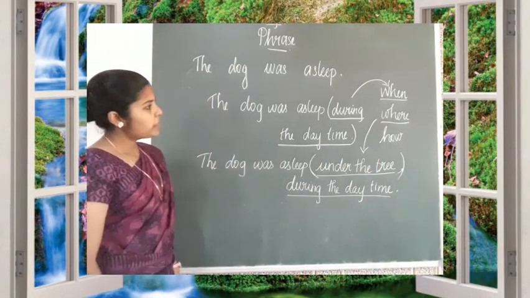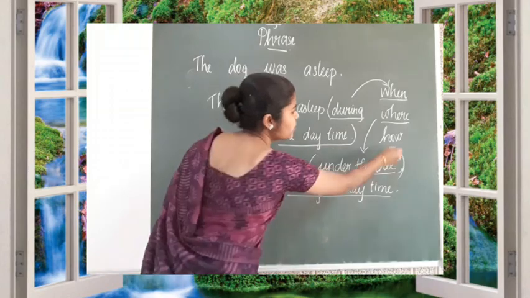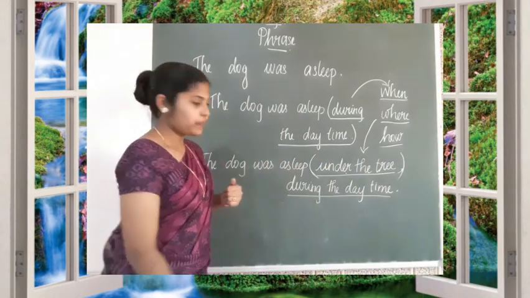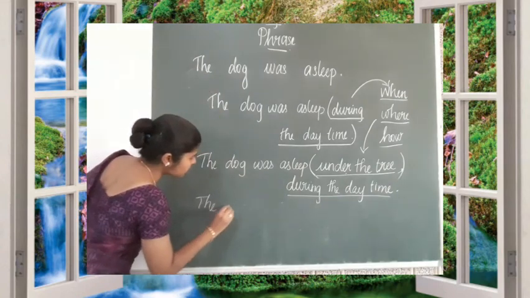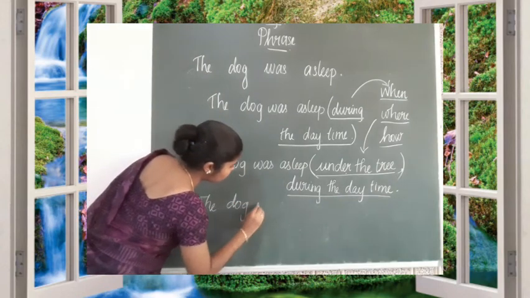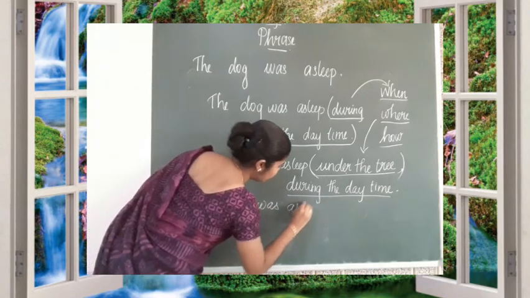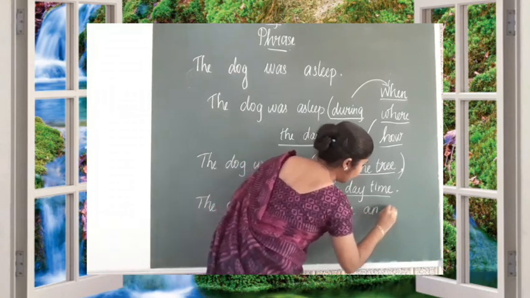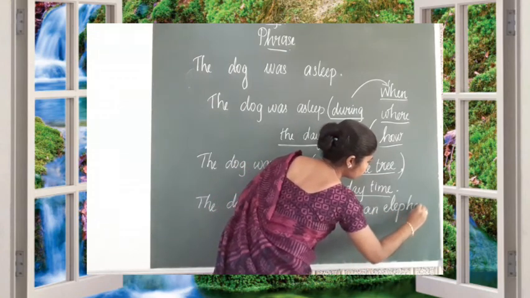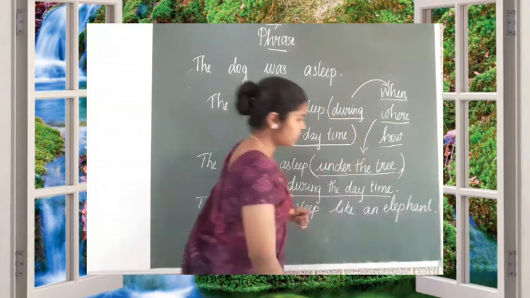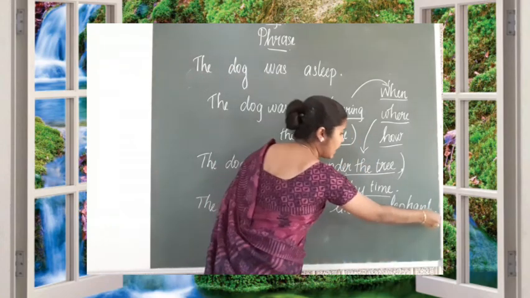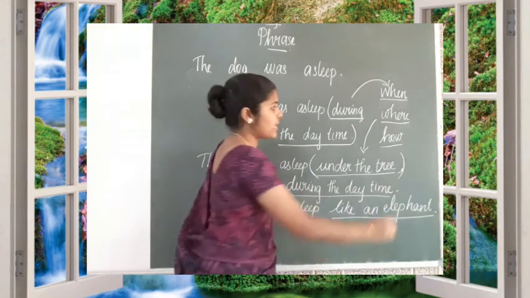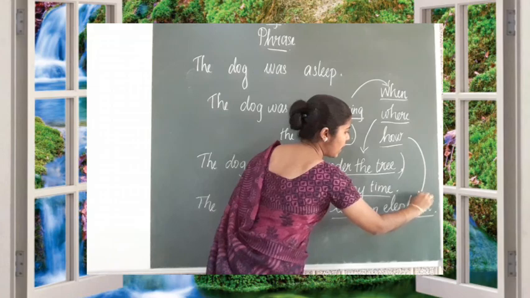Now, we can add an adverbial phrase by using how. How is the dog sleeping? The dog was asleep like an elephant. Like an elephant is a group of words, and this group of words answers the question how.